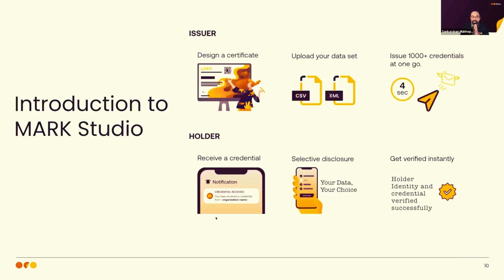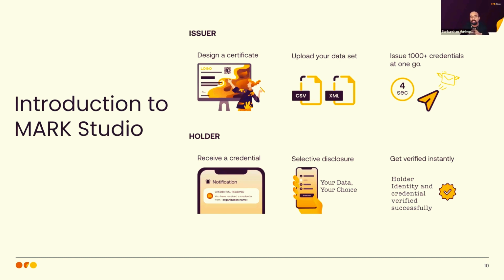The Mark Studio credentialing platform from Dhiway is one of the ways in which a transition from a very traditional paper PDF-based system of credentials can happen to a verifiable credential system. The workflow is fairly simple. You design the certificate that you want to do on Mark Studio because it provides a designer element that allows you to manipulate image assets, brand assets, and all sorts of other things.